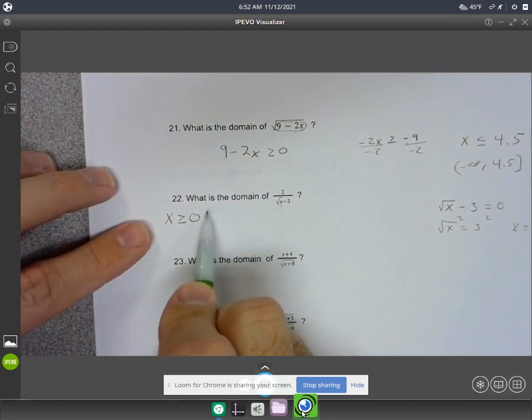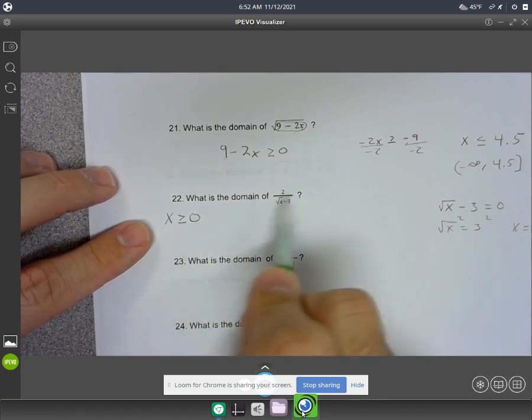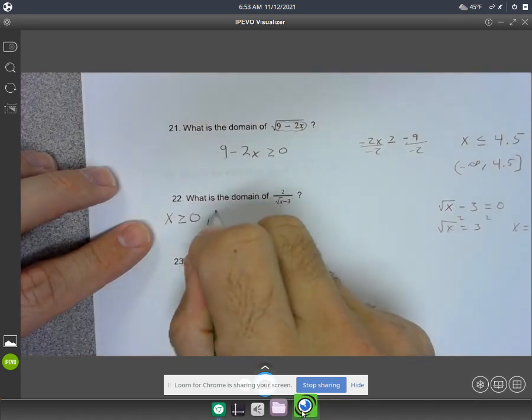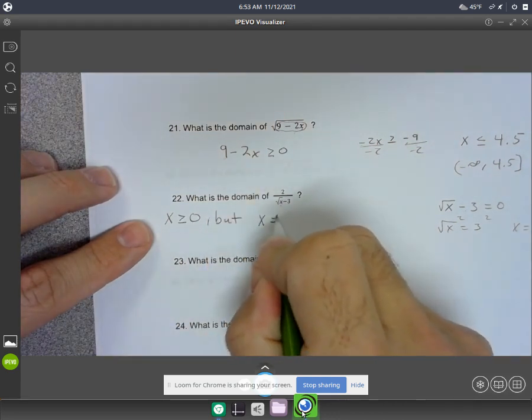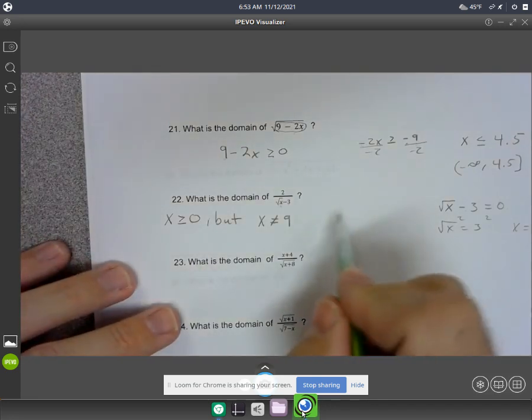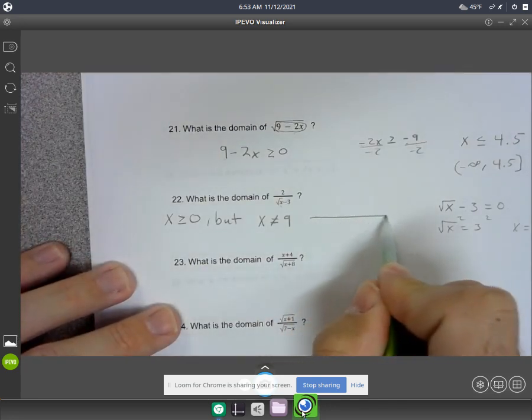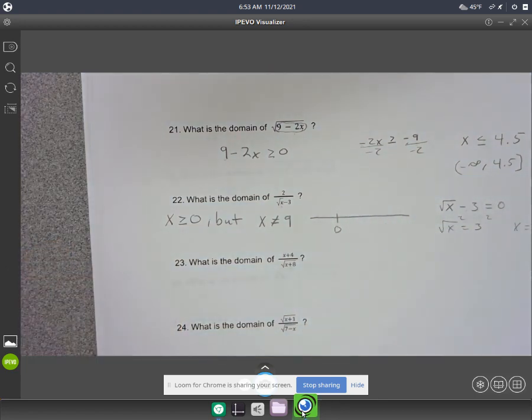All right, so the domain of this function is going to be all numbers greater than or equal to 0 because of that, but x cannot equal the number 9. If we wanted to, another way that you might see the answer choices for something like this would be on a number line. Okay, so they might have a little number line that you have to graph, or that you have to match the graph to.